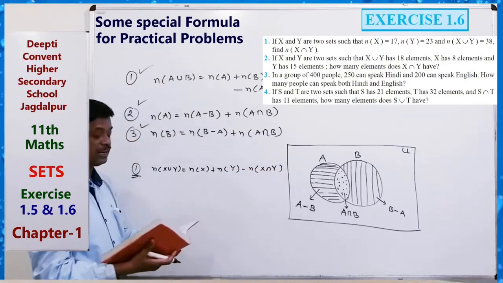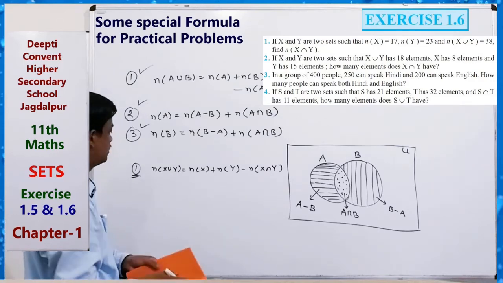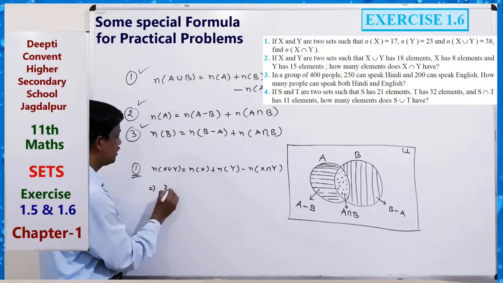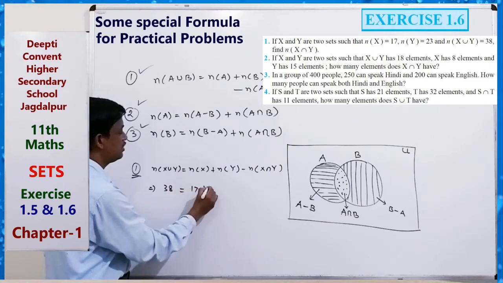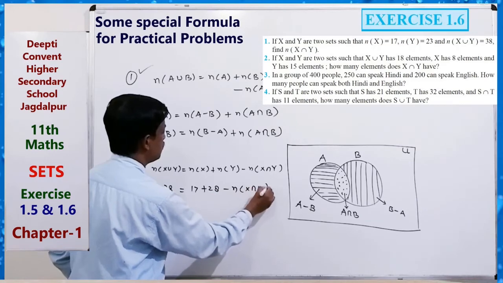We have to find n(X intersection Y). Here 17, 23 and 38. So 38 equals 17 plus 23 minus n(X intersection Y).